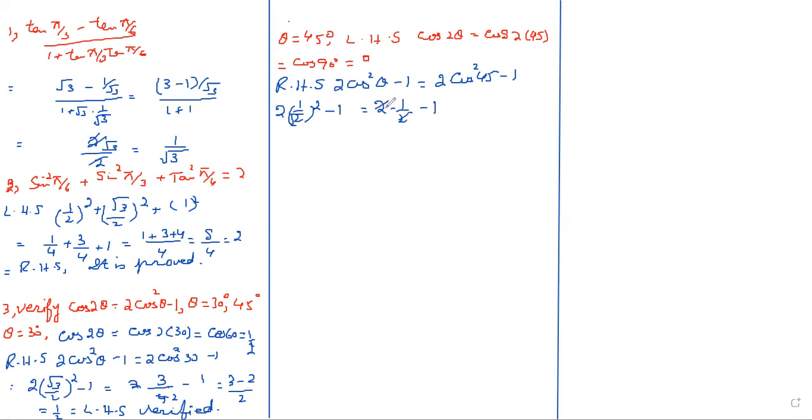These two got cancelled. We are left with 1 minus 1, which equals 0. So left hand side equals right hand side. It means that it is verified.